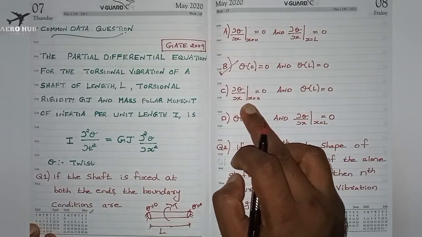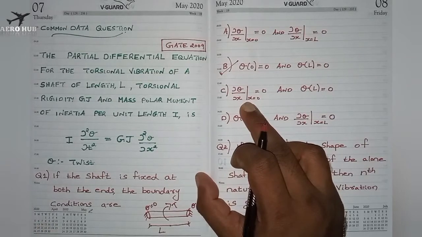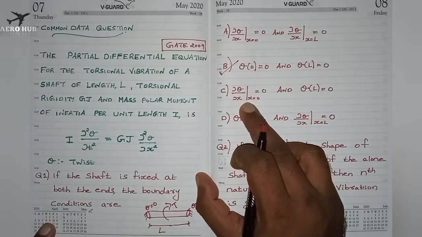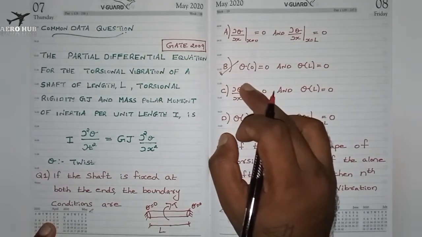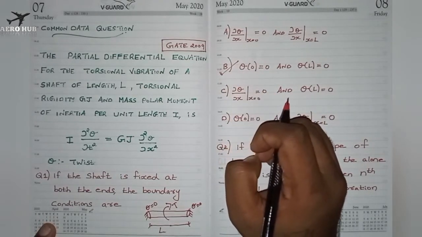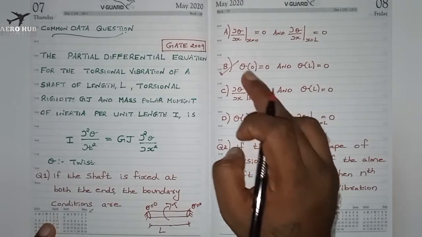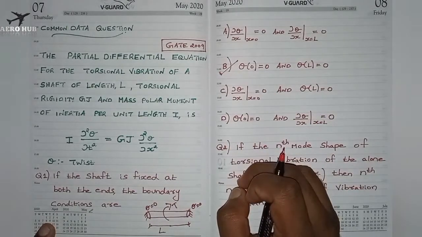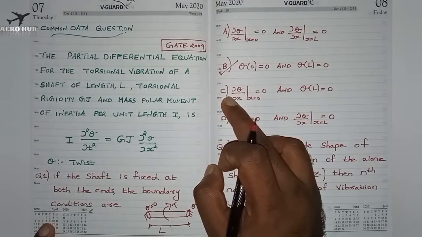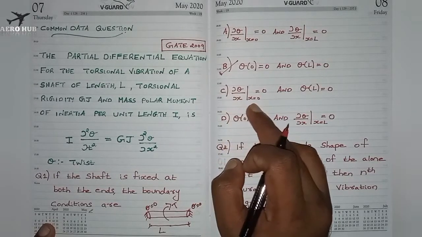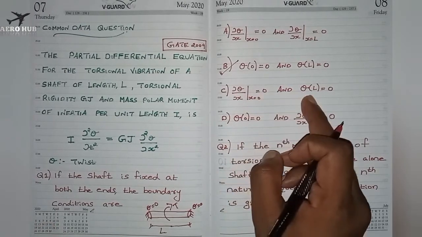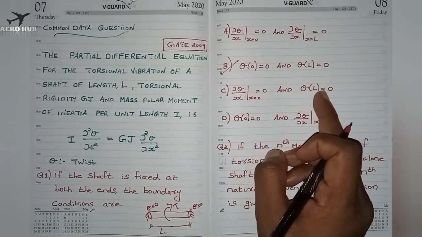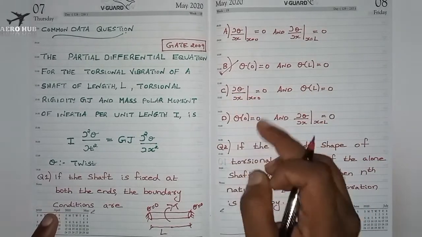Let's look at the other options. ∂θ/∂x is nothing but the shear strain. There will be some amount of strain at the ends; if θ is equal to 0, it doesn't mean the shear strain is 0 at both ends. Option C: ∂θ/∂x at x equal to 0 is equal to 0 is not correct, and θ of L equal to 0 is correct, but the option as a whole is not correct.